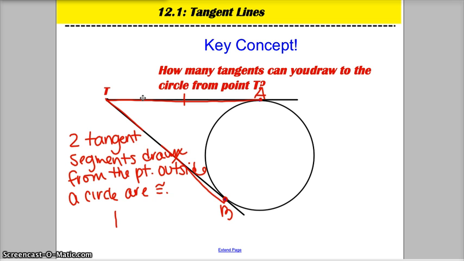So what we need to know then is that the length of TA is equal to the length of TB, or segment TA is congruent to segment TB. Now let's use that.